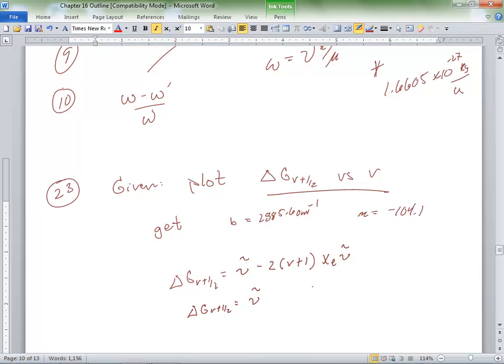All right. That's going to be minus 2 omega_e x_e. I'm just going to distribute that. So do you see how I just copied this equation and I distributed it to get this one? We plotted delta G at V plus 1/2 versus V.